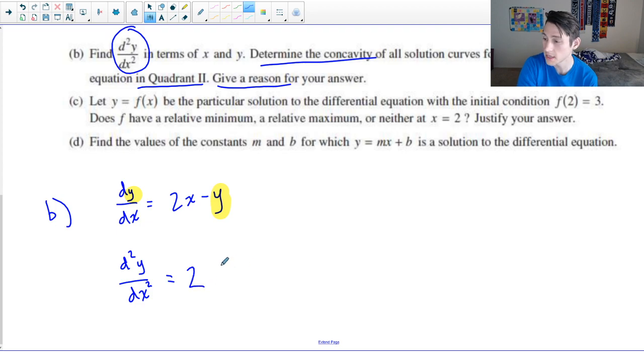The derivative of 2x is 2. Minus the derivative of y. If I just think about y as a variable, that derivative would be 1. But since we're not differentiating with respect to y, we have to use our chain rule, and so our derivative is 1 times dy/dx.